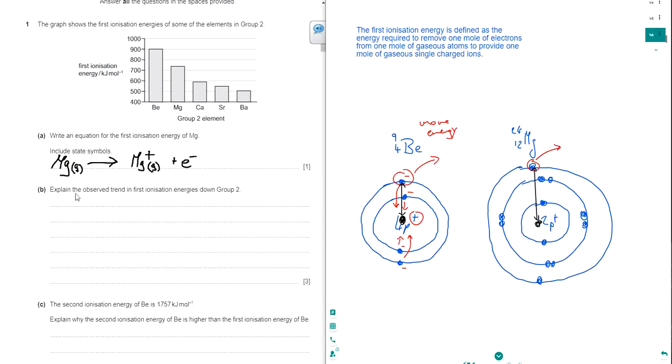So that is the first point that we can write down.